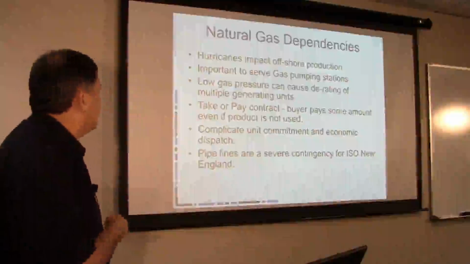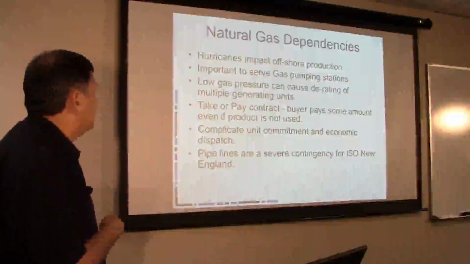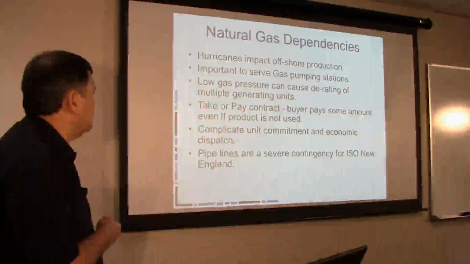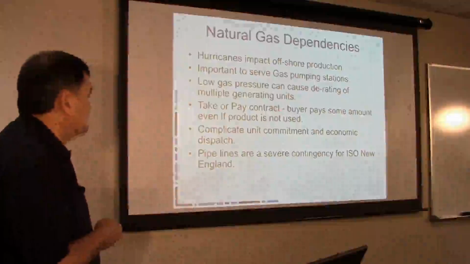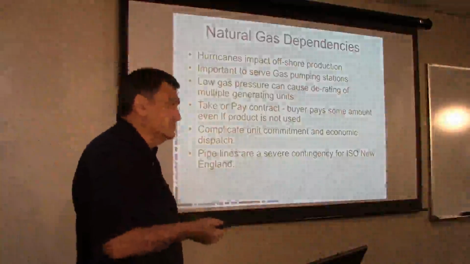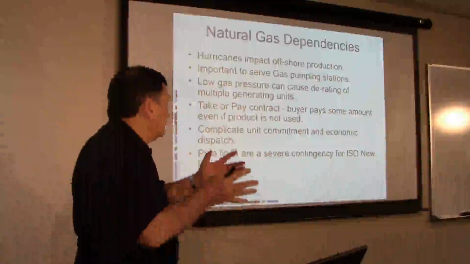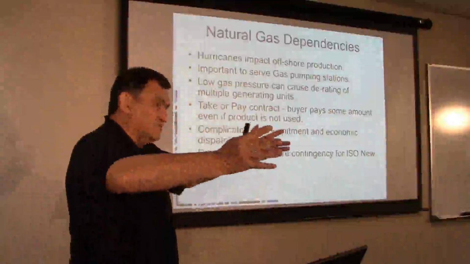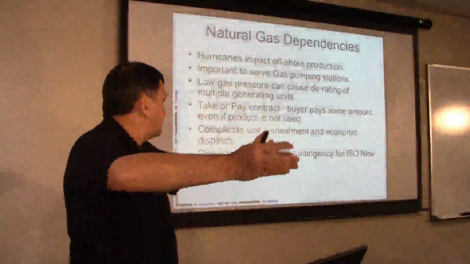One of the things that affects the scheduling of natural gas powered devices is what's called a take or pay contract. Basically, the buyer pays the same amount even if the product is not used. And this means that you've got to look at the amount of energy that you've committed to over a certain period of time. You just can't look at your decision right now and say, based upon all my resources, this is the right decision.